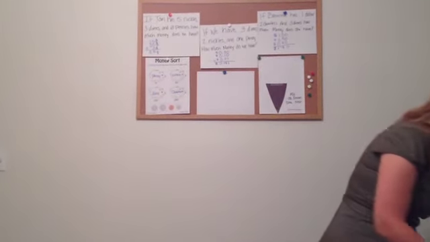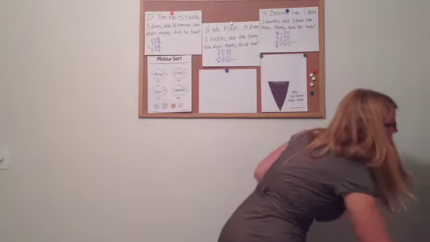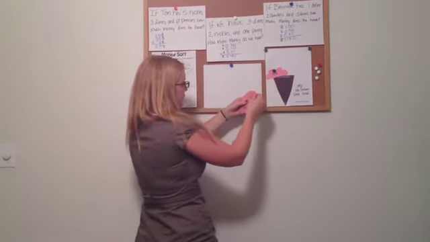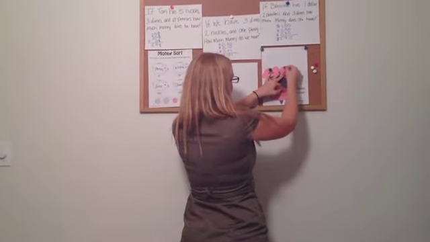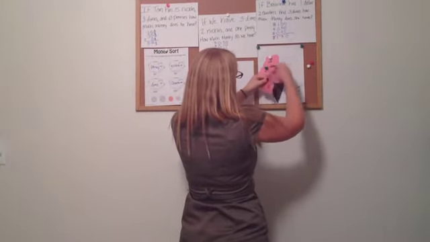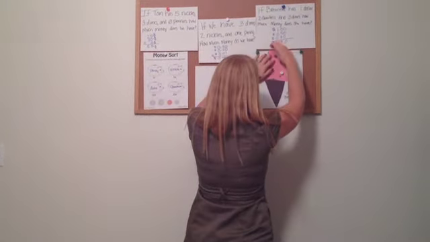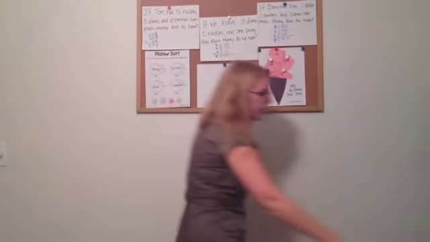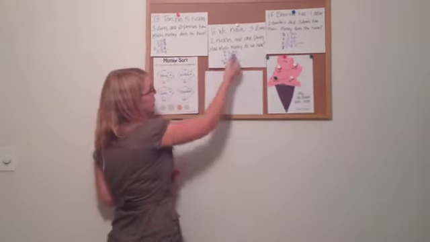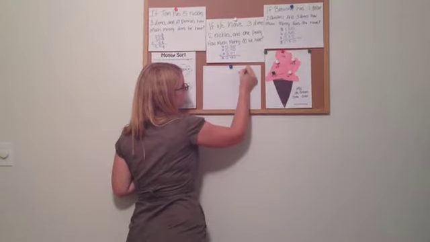So first, I'm going to put my scoops up on the board. And you guys will be able to glue your scoops onto your papers. Okay, so first we want to find how much money we have to make it in our equation. First we have $1, so we're going to write $1.